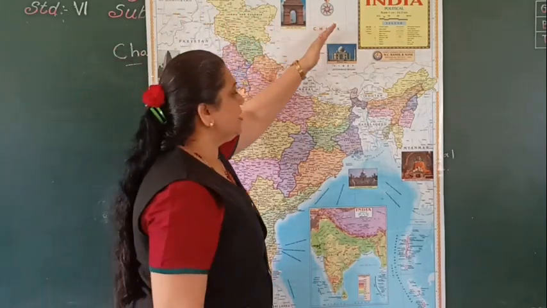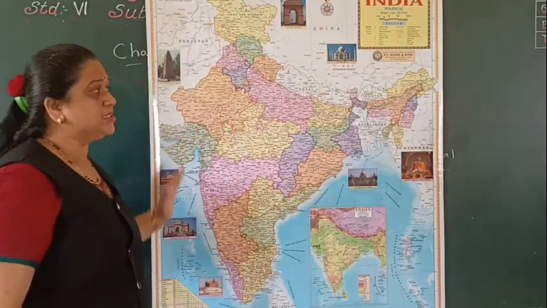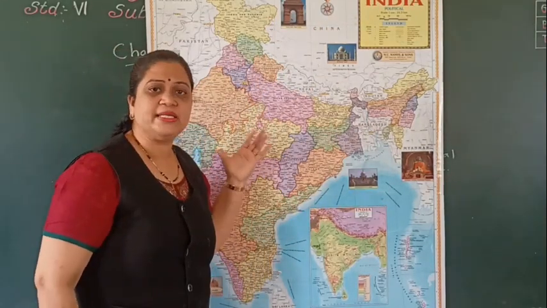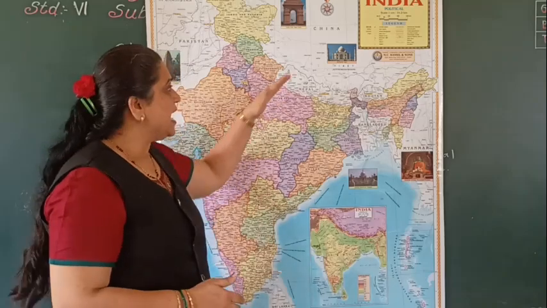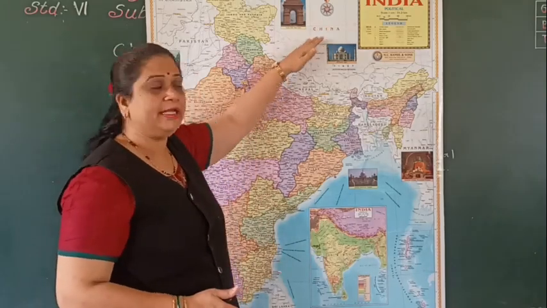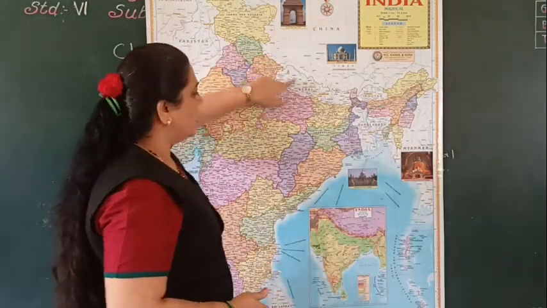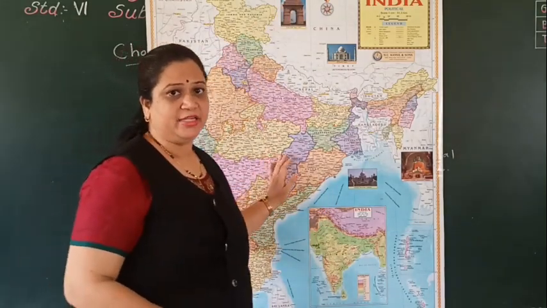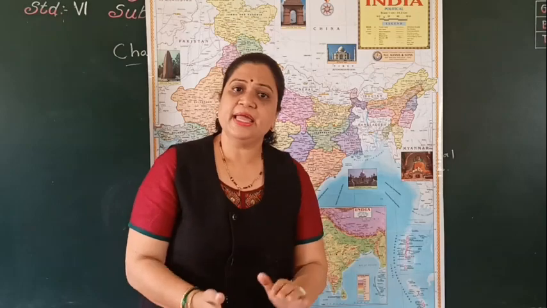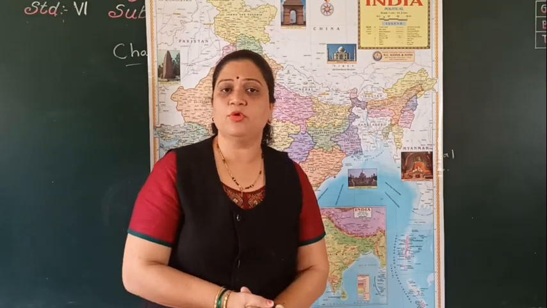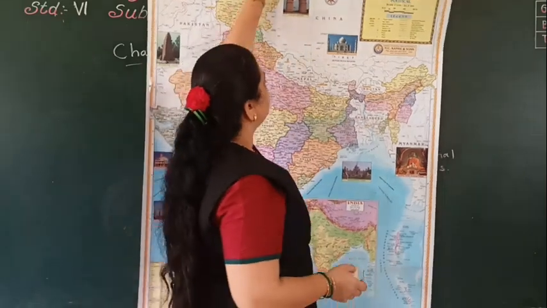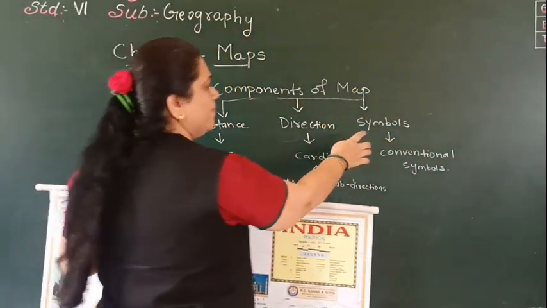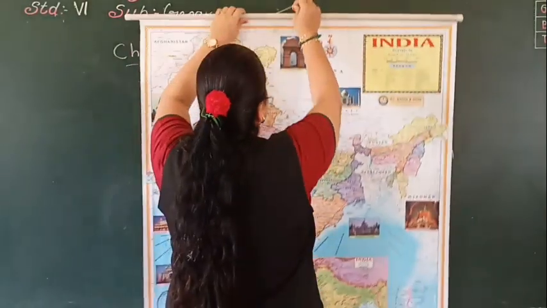So these are the sub directions. North, south, east, west are the main directions, and when you have to locate the places, these are the sub directions or the cardinal directions. So children, again the direction is the most important component of a map. Then the last one is the symbols, that is the conventional sign.